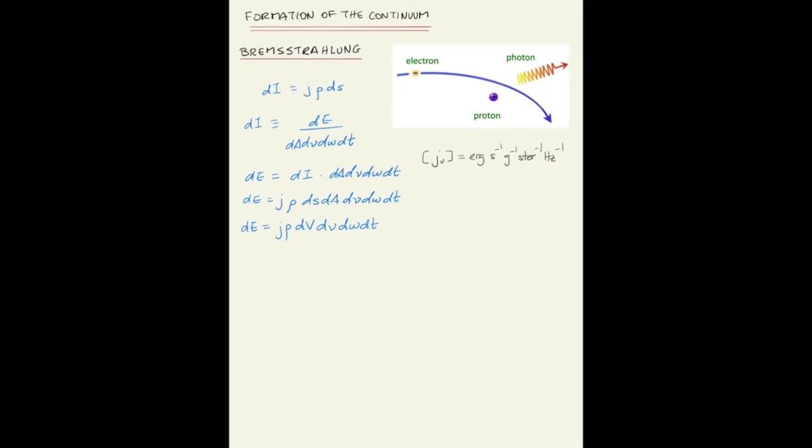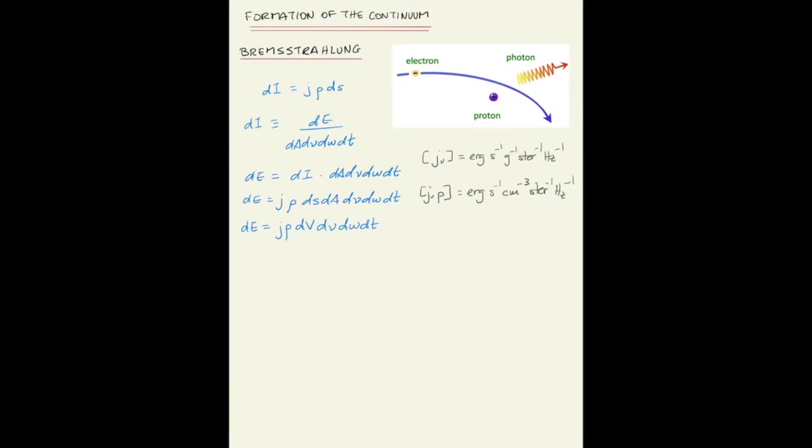Now, if you multiply that by the density, you eliminate the dependency on the mass. And now it becomes the power per volume. This is the power and this is the volume. So now it's measuring how much energy per time every cubic centimeter of material contributes in a particular wavelength and direction. So let's use these definitions here to find out what is the emissivity of Bremsstrahlung.